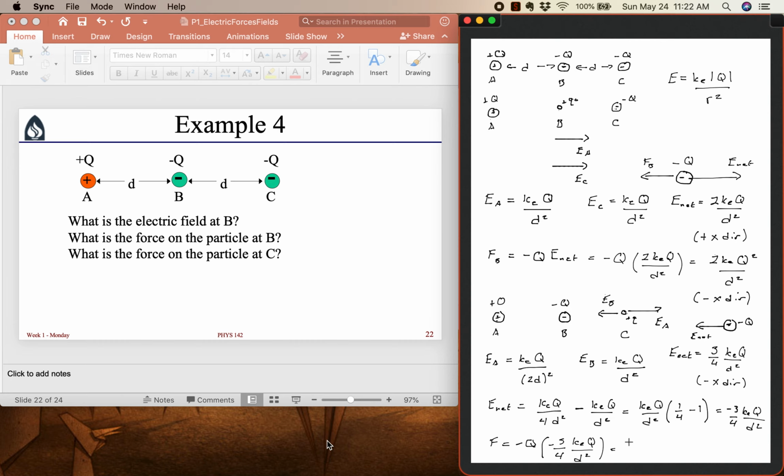So overall, I get 3/4 KeQ squared over d squared, and this force is going in the positive x direction. And I can see that also from the fact that the net electric field is in the -x direction. I'm putting a negative particle there, so that means the force on that particle is going to be in the positive x direction. So if you have a negative particle, the force is always in the opposite direction to the electric field at that point.